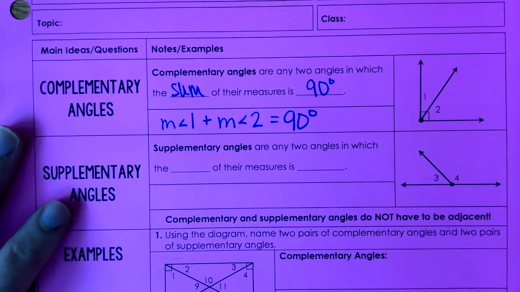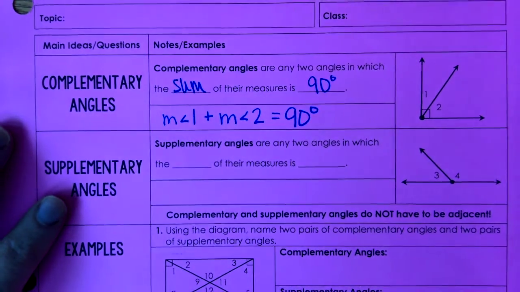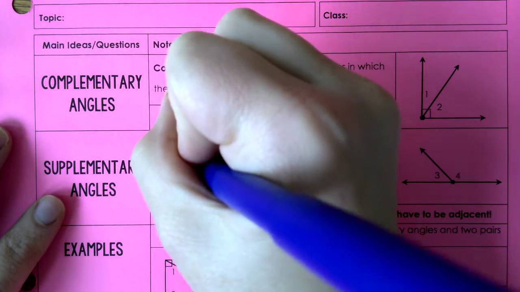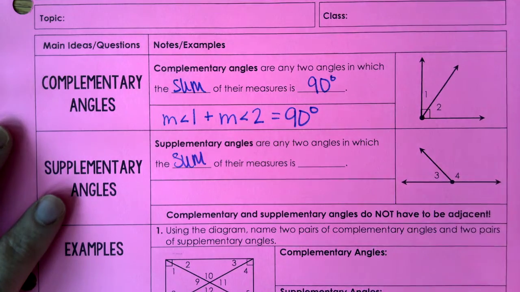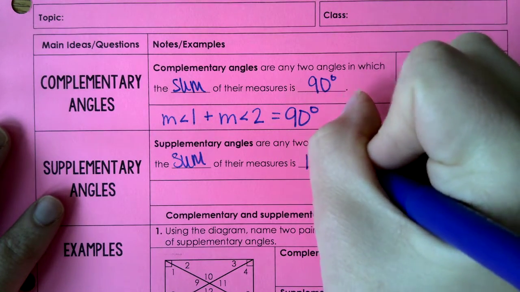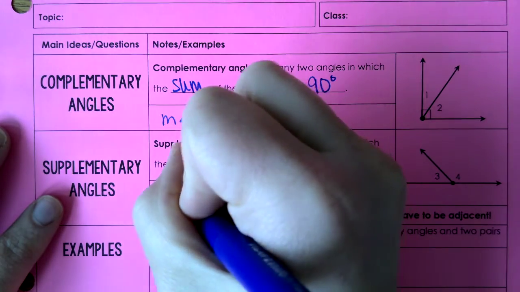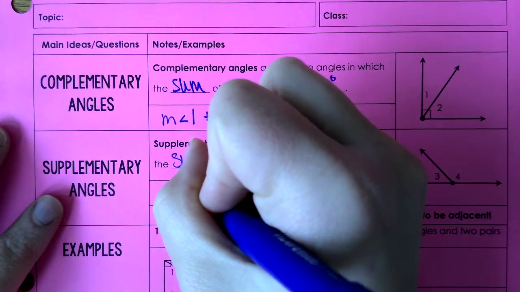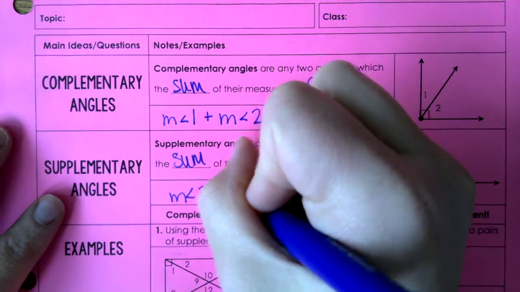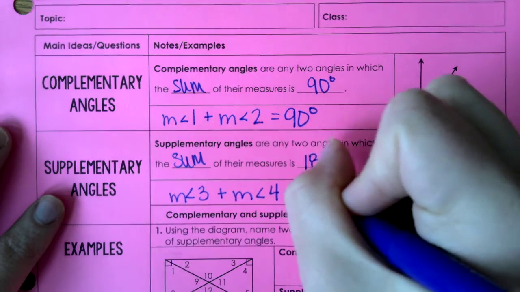Then we have supplementary angles. Supplementary angles are any two angles in which the sum, so two angles that I'm adding together, of their measures is 180 degrees. So if I take the measure of angle 3 and add it to the measure of angle 4, that's going to get me 180 degrees.